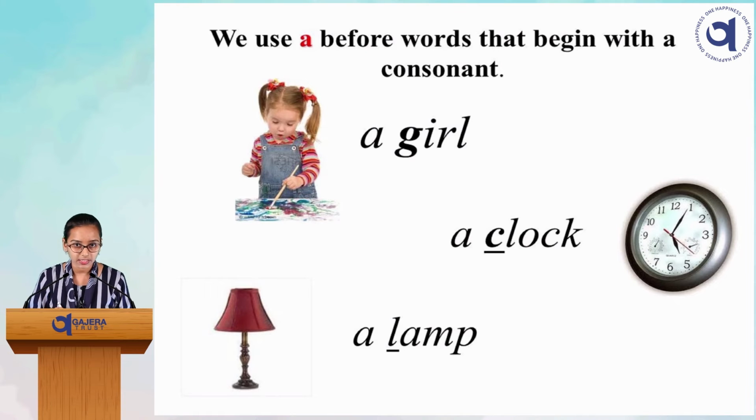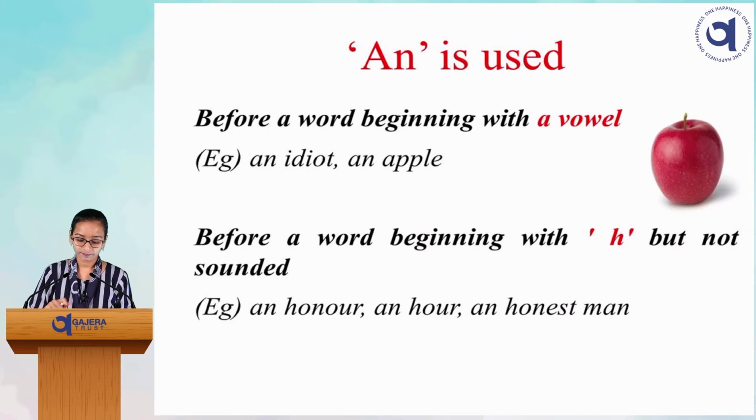That is a very easy rule. Wherever we see a consonant, before that we use A. For example, a girl, a clock, a lamp.